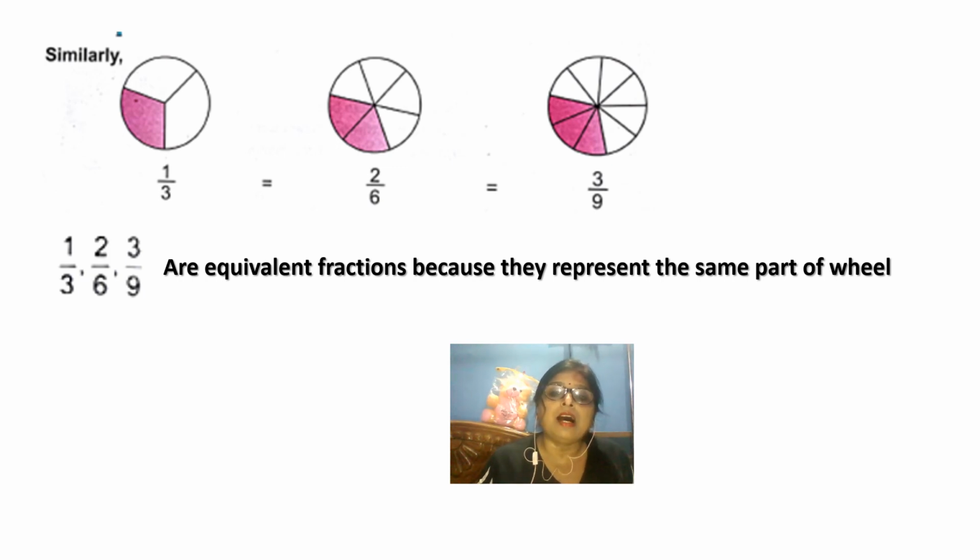And in the last figure, the area of the shaded portion is the same but it is divided into 3 parts. So you can say that the same part of the whole is shaded. So such fractions are equivalent fractions. So 1 by 3, 2 by 6 and 3 by 9 are equivalent fractions here.